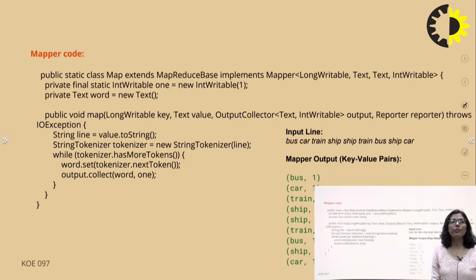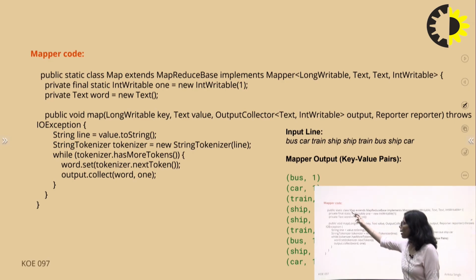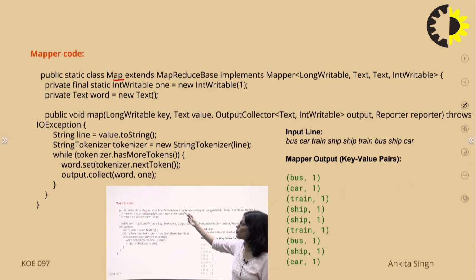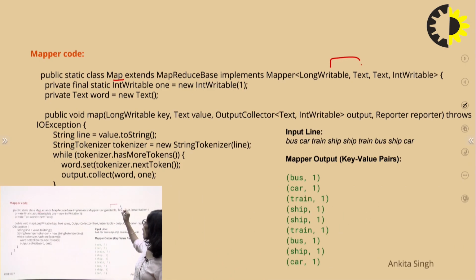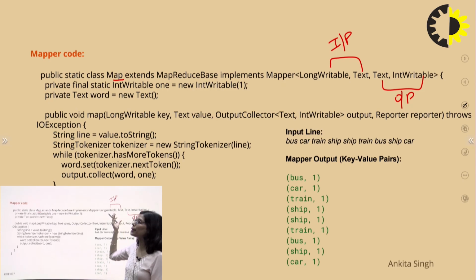Now what we do is create a class Map which extends MapReduceBase as well as implements Mapper. Now these two are input types and these two are output types. So this is the input that we will be getting and this is the output that we will be generating.